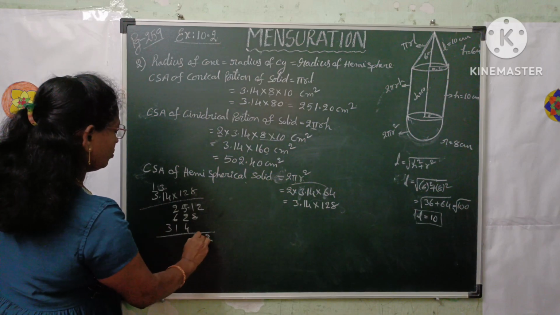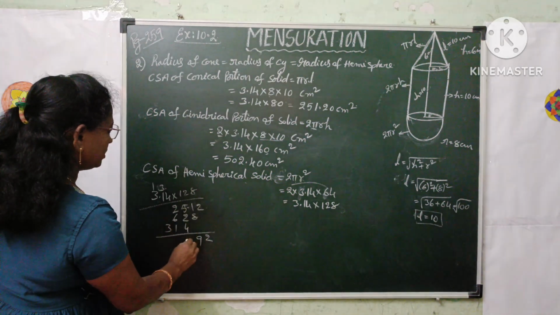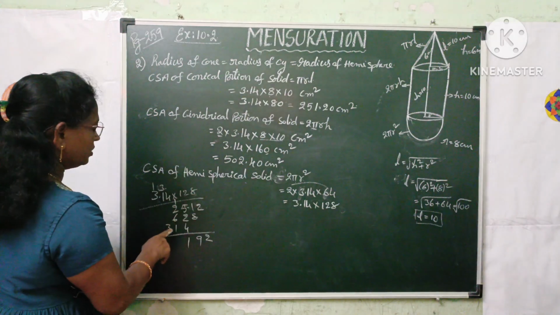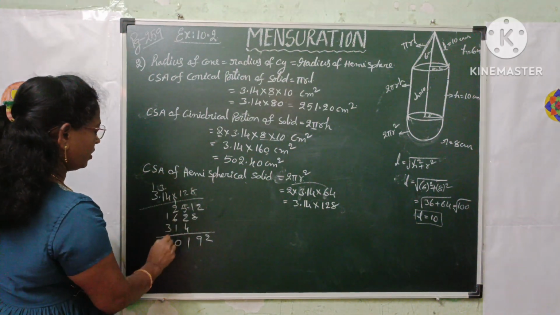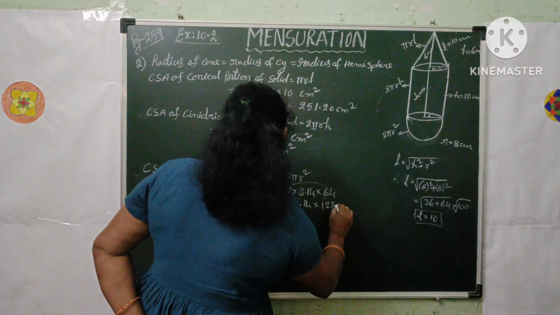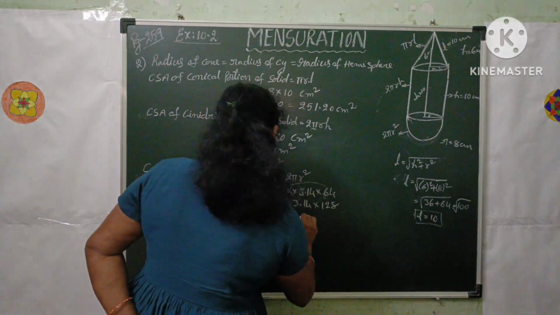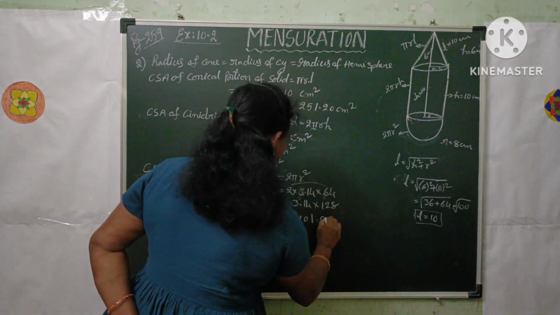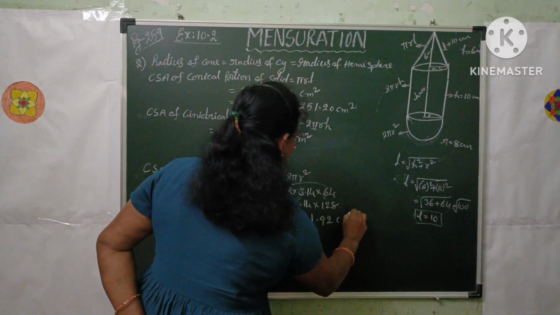Now 2 9, 6 1 11, 6 7 10, 1 4. So that answer is here 401.92 centimeter square.